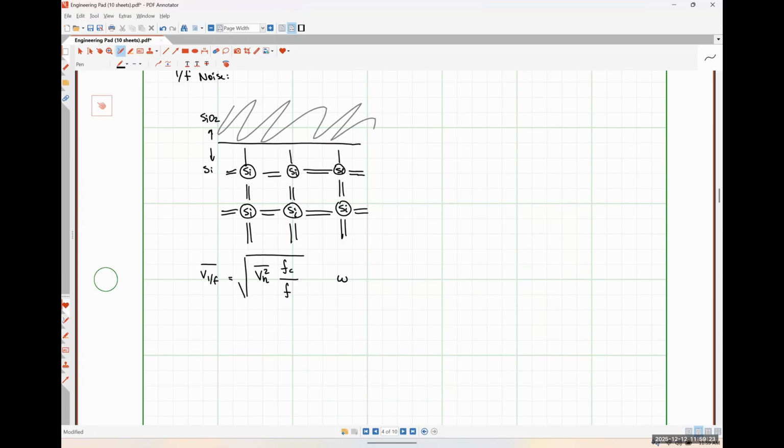And I'm going to put where F sub C is the frequency at which the 1 over F noise and white noise have the same amplitudes.